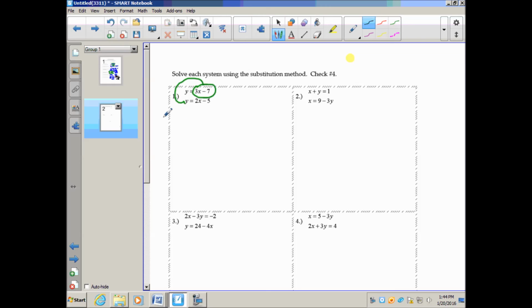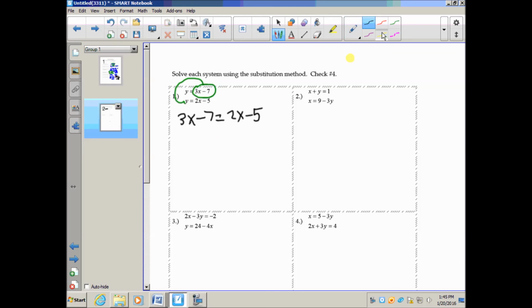So when I go to write this, instead of y, I'm going to write 3x minus 7 is equal to, because here it says y is equal to 2x minus 5. And then I'm going to go ahead and solve this. I only have x's here, so I can subtract 2x from both sides. I can solve for x, and then I can find my value of y.